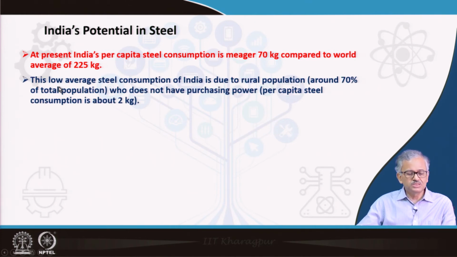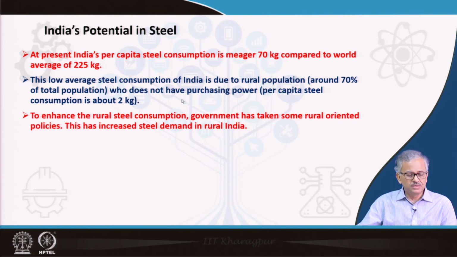Okay. This low average steel consumption in India is due to the rural population. Around 70% of the total population stays in rural areas, and their per capita consumption is around 2 kg of steel. So that is the major drawback. They don't have the purchasing power. That's why we have to make these rural areas more solvent, such that their purchasing power is more and they can buy steel.